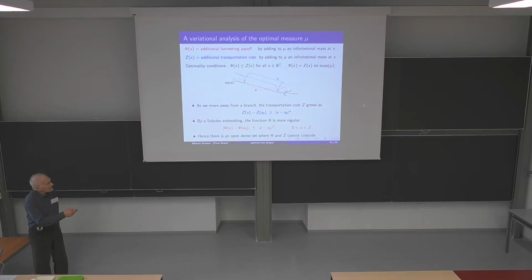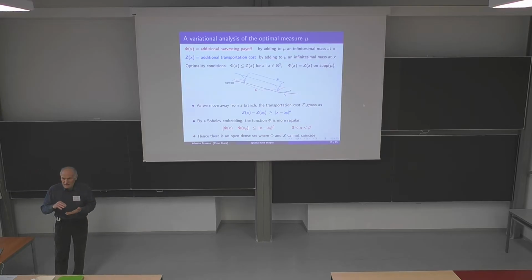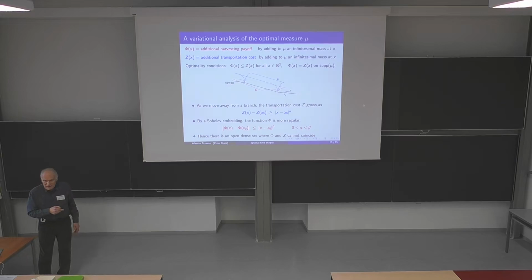So I can find an open set very close to x naught where z is strictly bigger than phi. When the cost is much bigger than the harvest, then it's not optimal to put any measure here. Okay, so on this open set, the measure has to be 0. Okay? And that is a sketch of the proof of this.